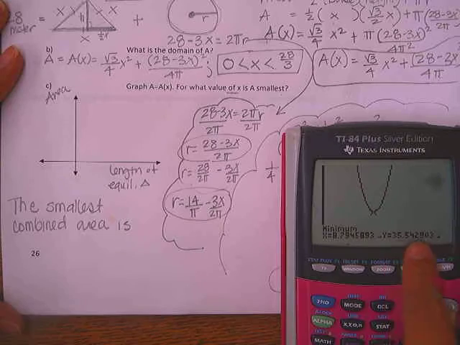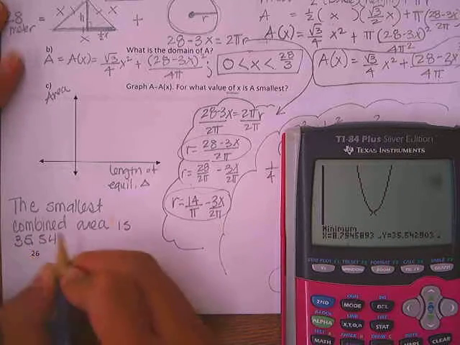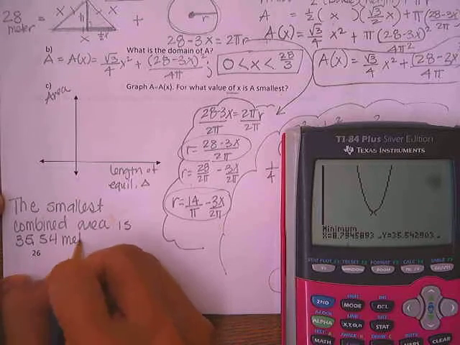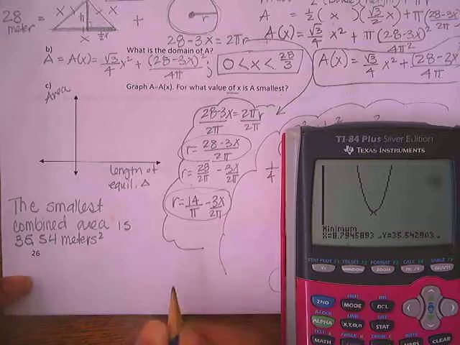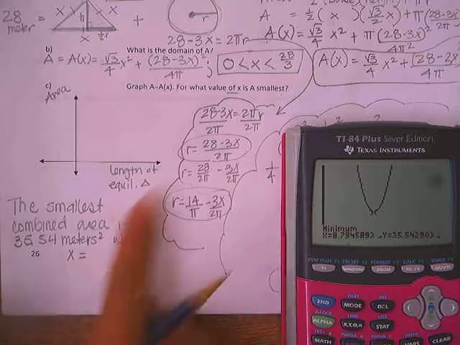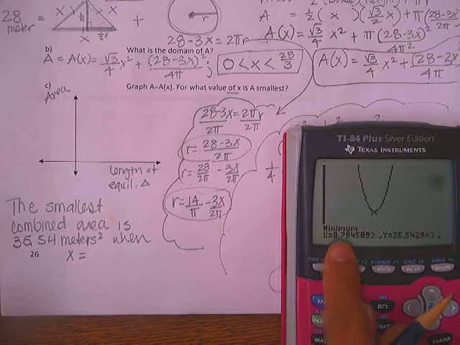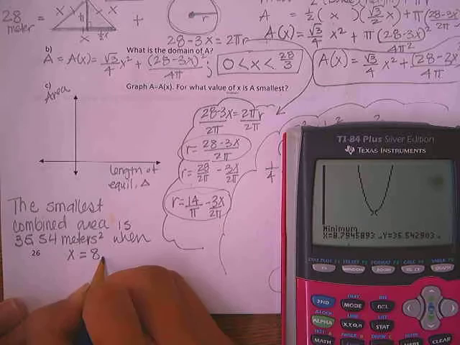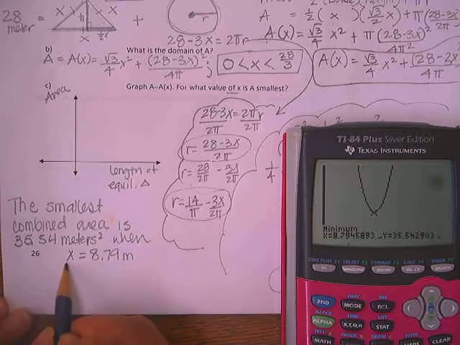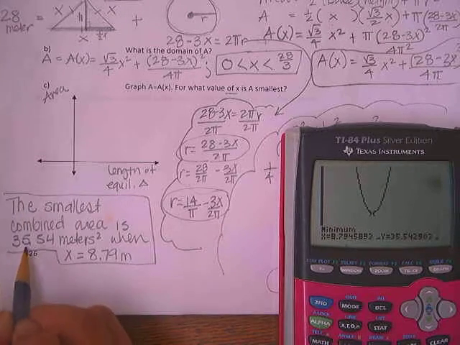This is 35.54 meters squared, when x is, and this is really what it wants to know, x is this one, 8.79 meters. So this is really what it's looking for, but I'm going above and beyond and stating the area as well.